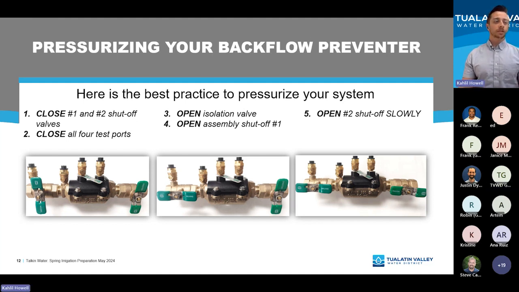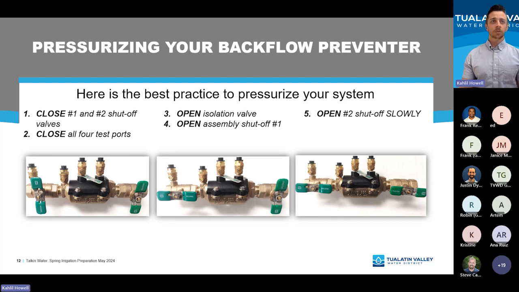First we want to start by closing the 2 shutoff valves and the 4 test ports. Then we want to open that isolation valve that we previously discussed, which introduces pressure up to the backflow assembly, then confirm there are no leaks from that isolation valve to the assembly. Now we can open the shutoff 1 on the backflow assembly, which introduces pressure into the backflow assembly.